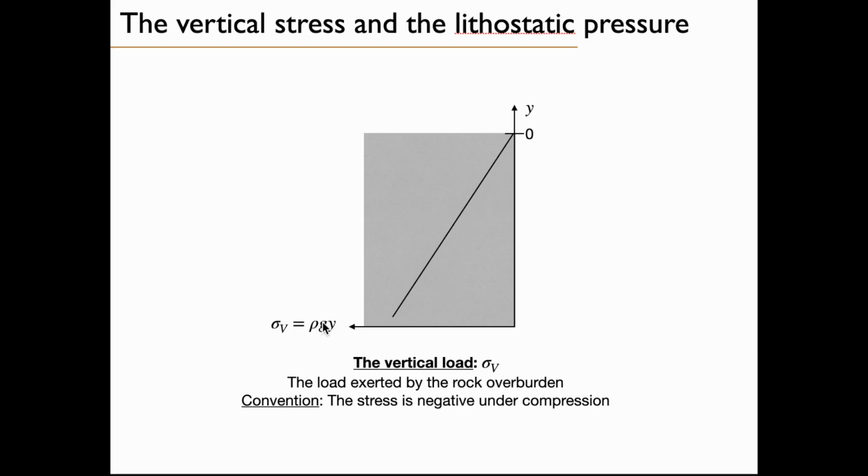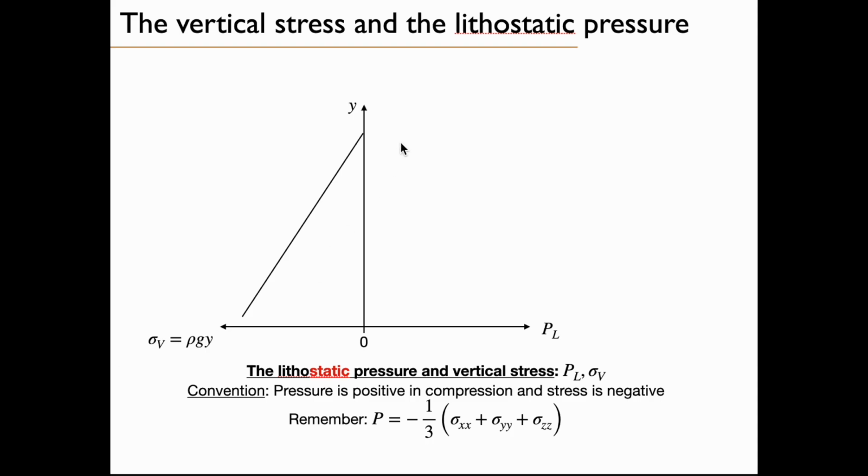So it's simply rho g y. As a convention, we assume that the stress is negative under compression here. So we now introduce the lithostatic pressure. The convention we use is that the pressure is positive in compression, while the stress is negative. So you will have different signs here. So sigma v is rho g y, and P_L will be minus rho g y.